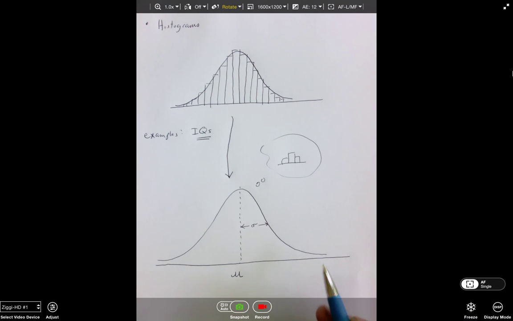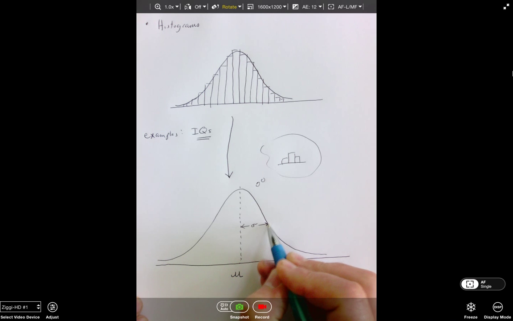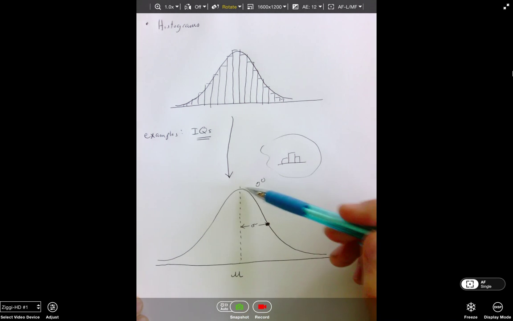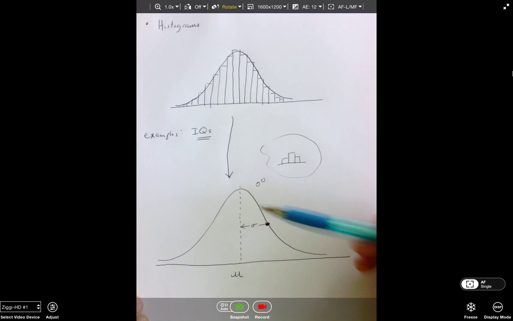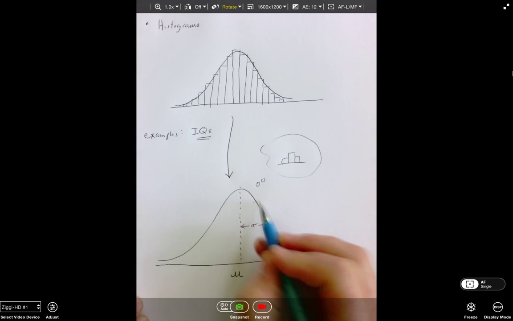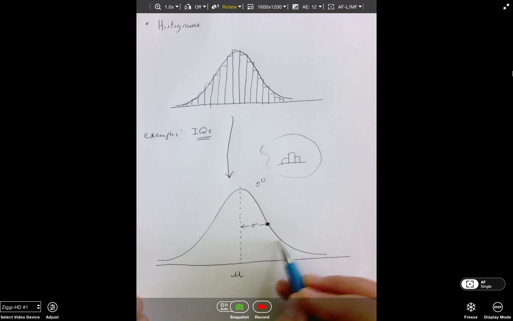If you've ever had any calculus, you probably have studied the second derivative, and there's a point right there where, if you trace this distribution, if you drew it correctly, you'll notice we're coming down here, and then all of a sudden, about right there and about right here, there's a place where the distribution almost takes on a straight line.